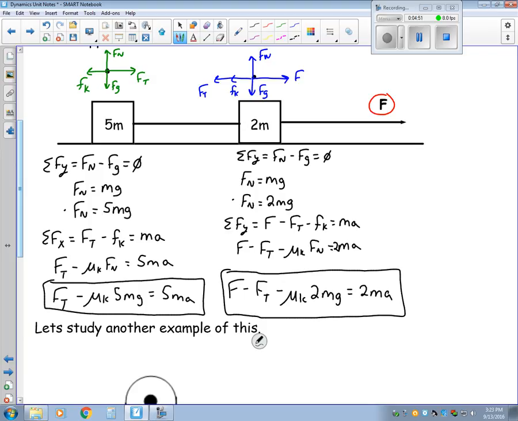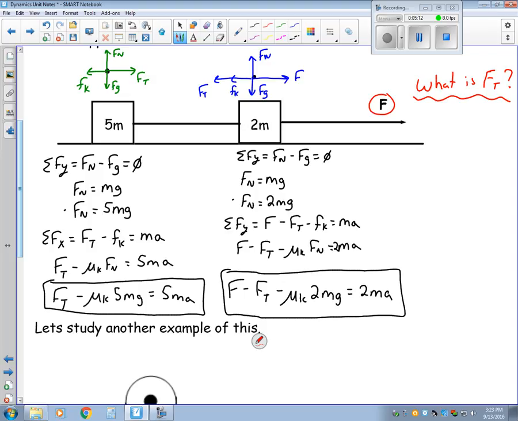So, let's say I wanted to calculate the tension force. What I would do is solve both of those equations for acceleration, that way I can set them equal to each other.